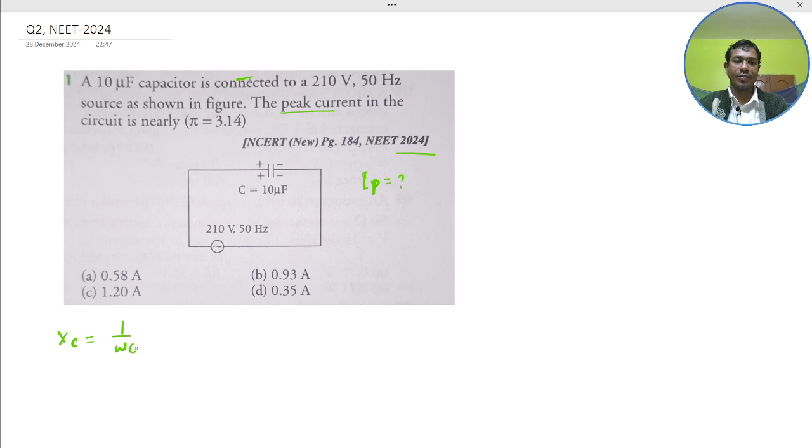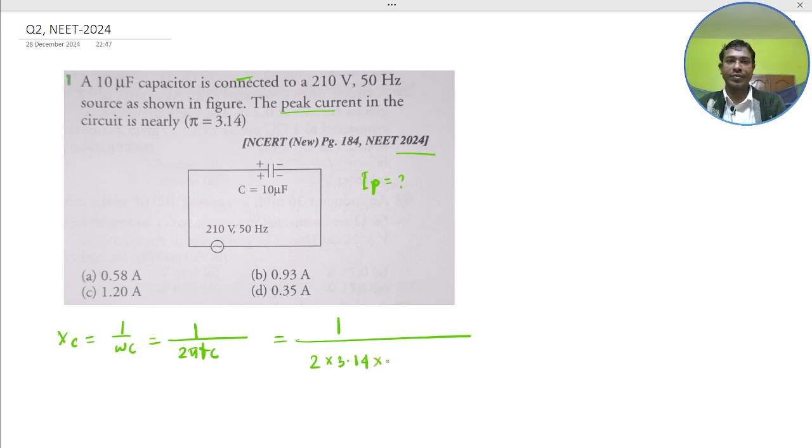XC is 1 by omega C, so 1 by 2 pi FC. Putting in the values, 2 pi is 3.14, frequency 50 Hz, and C is 10 microfarad, so 10 into 10 to the power minus 6 farad. So this becomes 10 to the power 3 divided by 3.14.